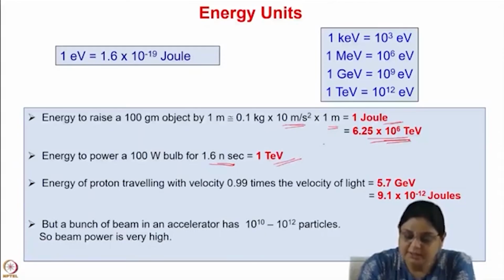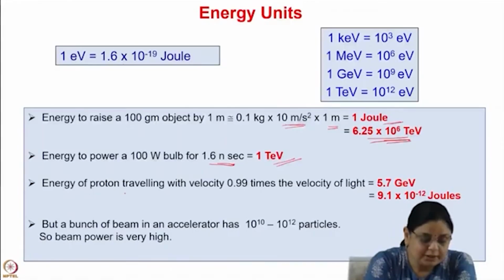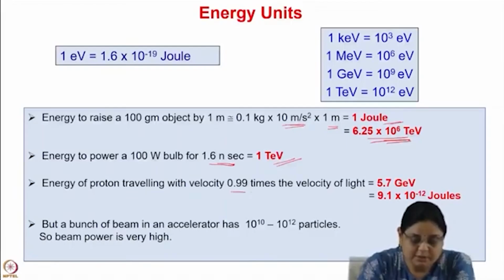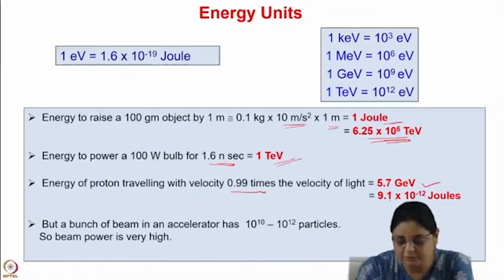So compared to the numbers we use in our daily life, the energies of the charged particles are huge. You can calculate the energy of a proton traveling with a velocity almost close to the velocity of light. That is 5.7 GeV, which is only 9.1 into 10 to the power of minus 12 joules. So it's quite a small number.